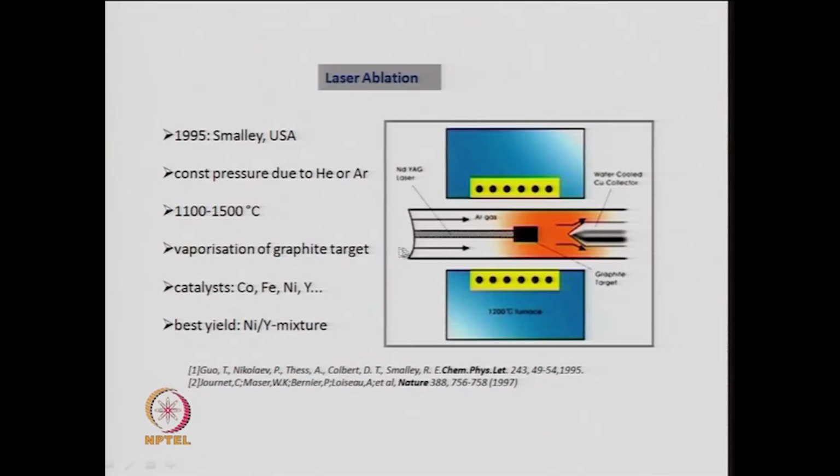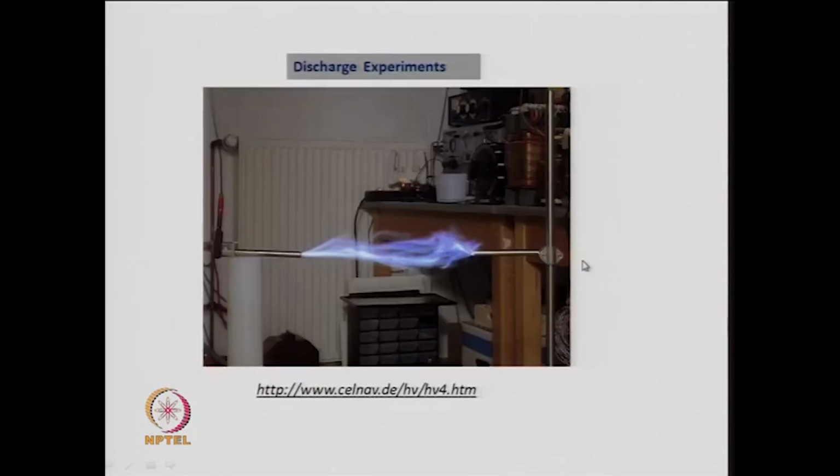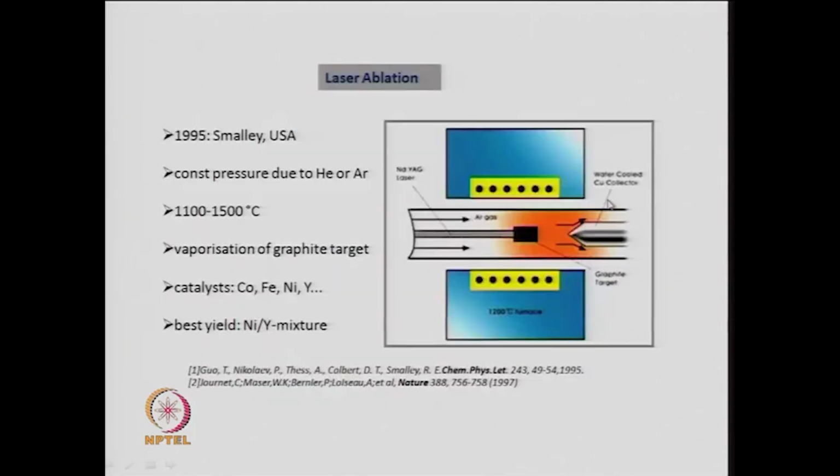When this laser beam hits the target, carbon atoms are vaporized, and then they condense on a water cooled copper base or collector, and carbon nanotubes deposit on this copper which is cooled by water. So, this is the laser ablation technique.